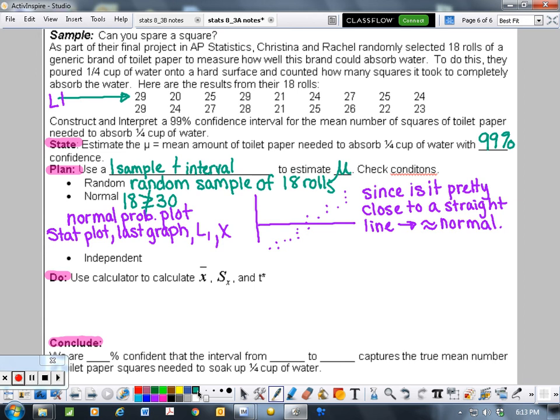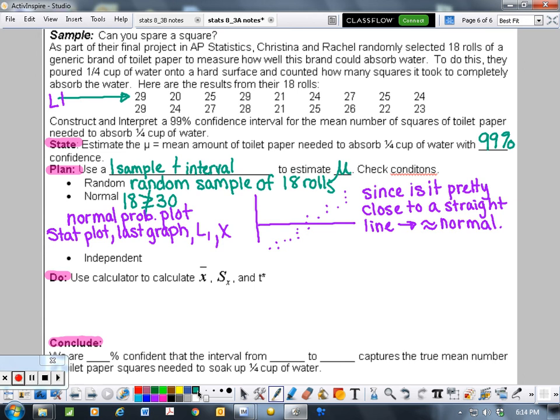Now we're going to go to the independent condition, and we can say that how much water is absorbed by one roll of toilet paper does not affect another roll of toilet paper.